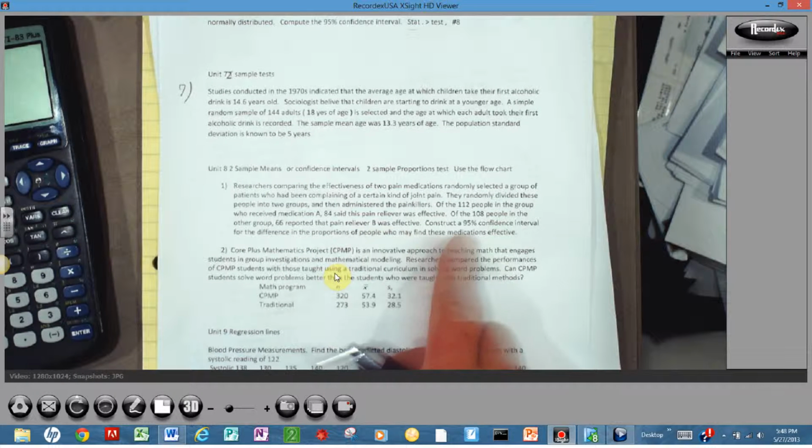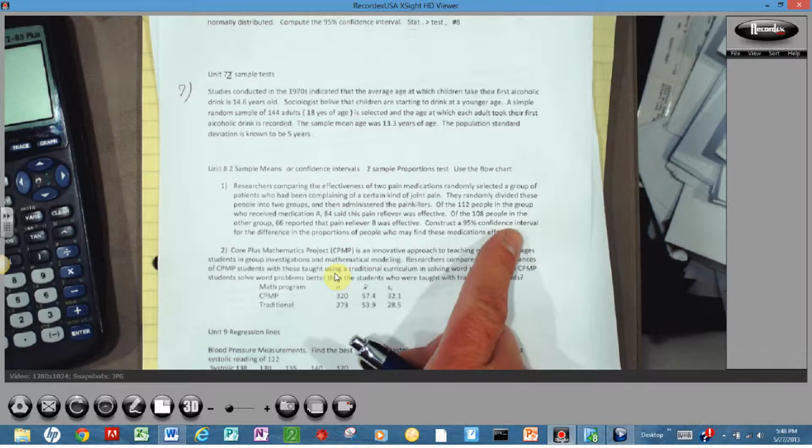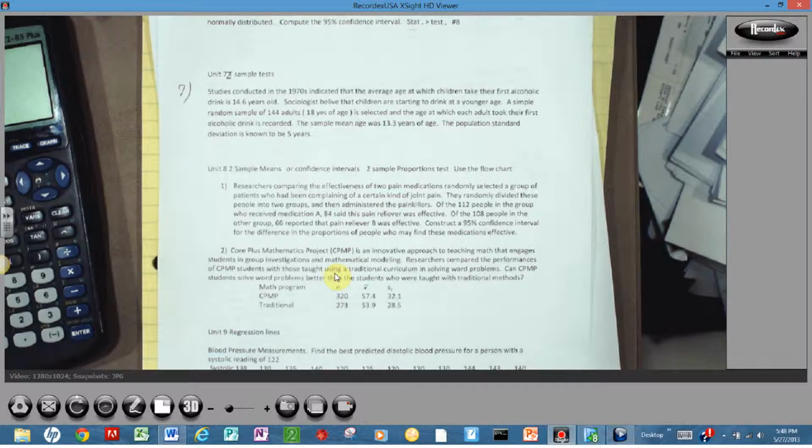Of the 108 people in Group B, 66 of them reported it effective. Construct a 95% confidence interval for the difference in proportions of the people who find the medications effective.